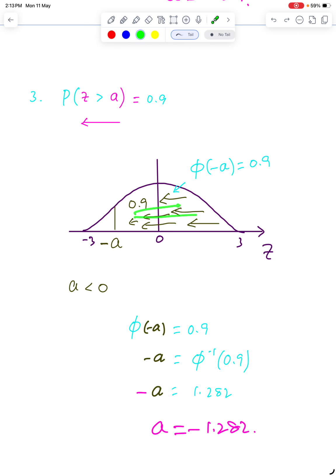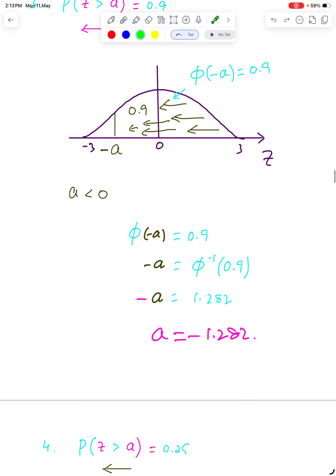And since this is a large area, write phi of minus A is equal to 0.9. Now solve this as phi of minus A equals 0.9, so minus A equals phi inverse 0.9, minus A is 1.282. From the table you can get this value, so A is minus 1.282.